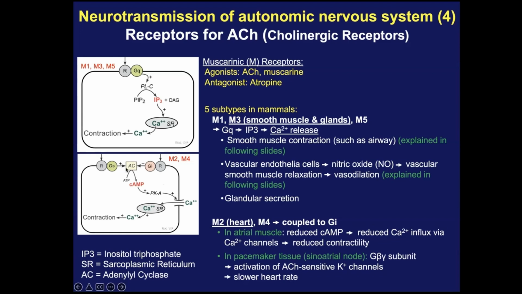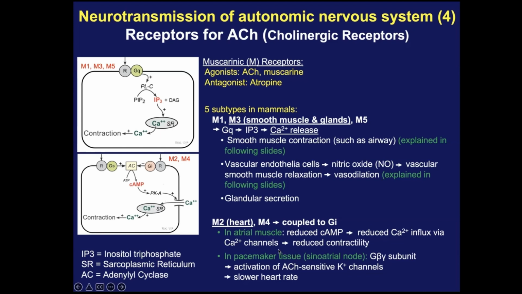Normally, the enzyme AC, which means adenylyl cyclase, produces cAMP using the ATP as the substrate. And when the cAMP level is increased, it activates the enzyme PKA, protein kinase A, and PKA will phosphorylate the calcium channels on the cell membrane to increase the calcium influx from the outside to the inside of the cell.